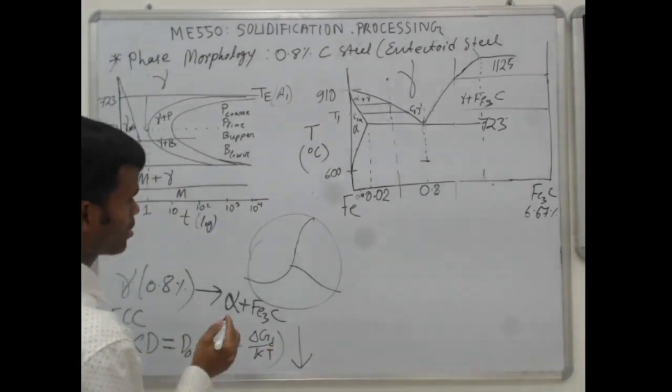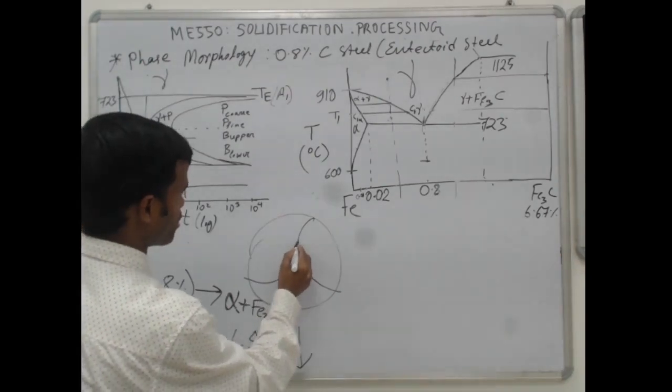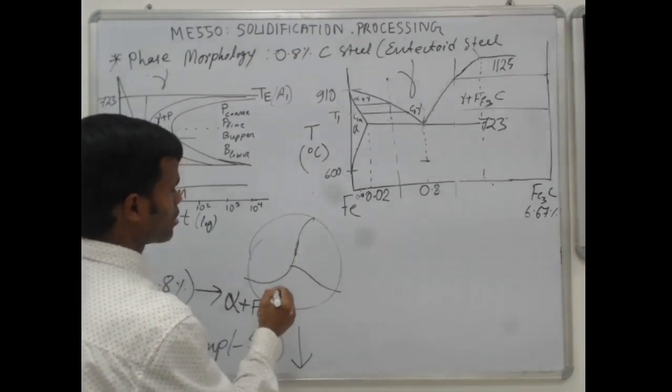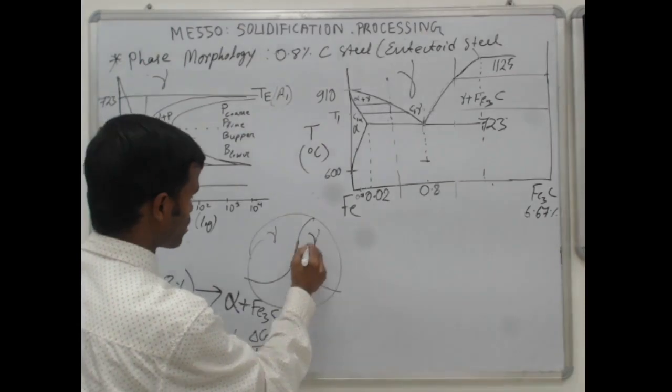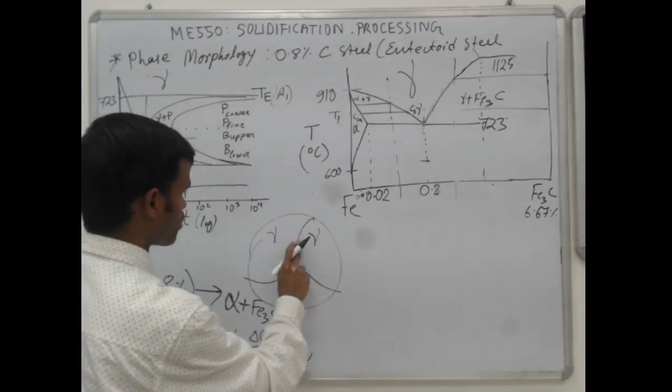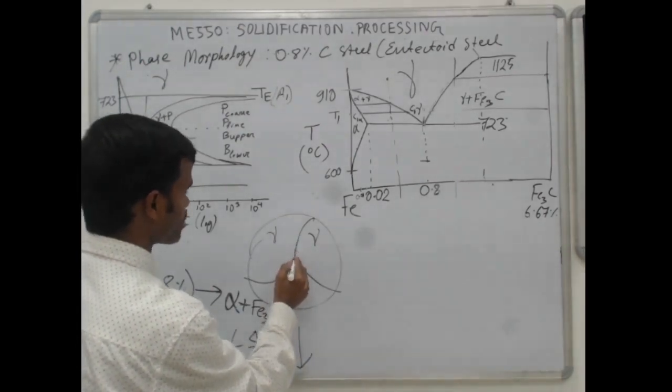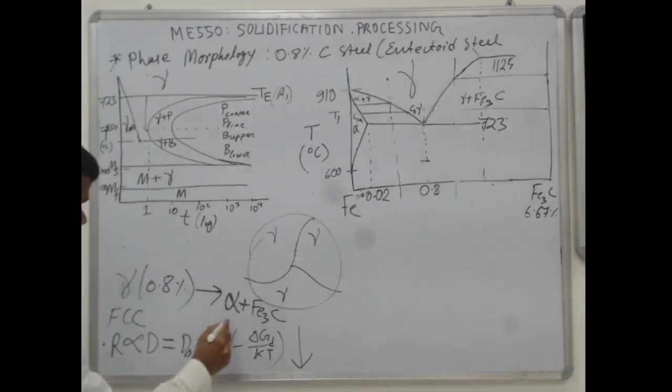So what will happen here? Here you have the austenite. Austenite cannot precipitate the carbon because diffusion is less.